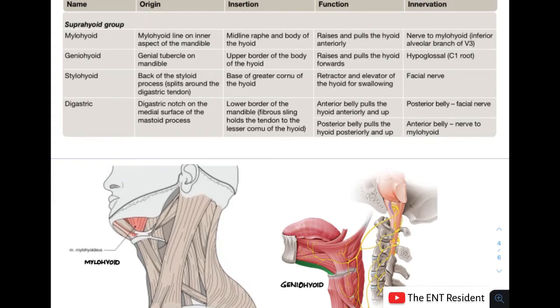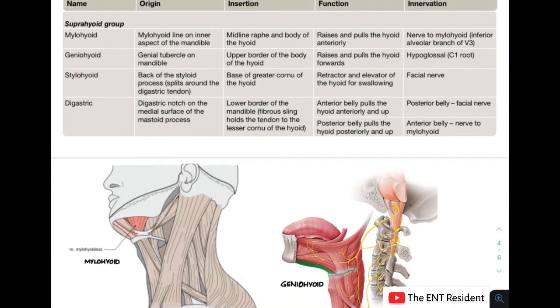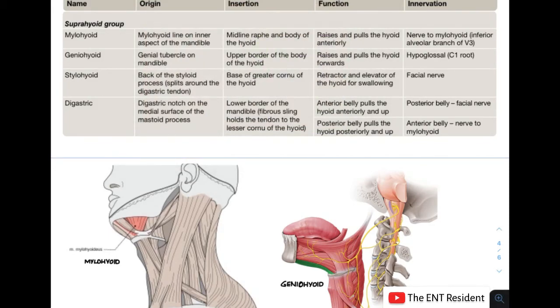First we will start with mylohyoid. Mylohyoid takes its origin from the mylohyoid line, which is lying on the inner aspect of the mandible right over here, and it gets inserted into the midline raphe and the body of the hyoid bone, as you can see over here.